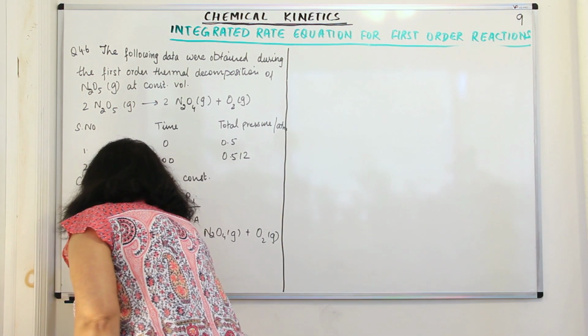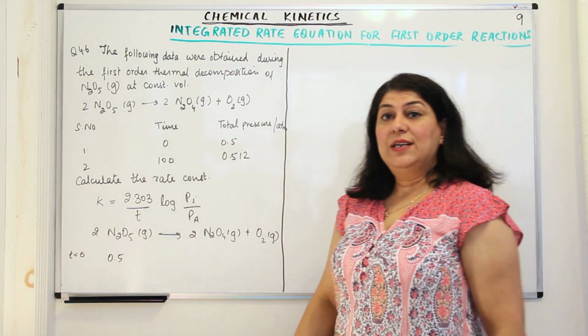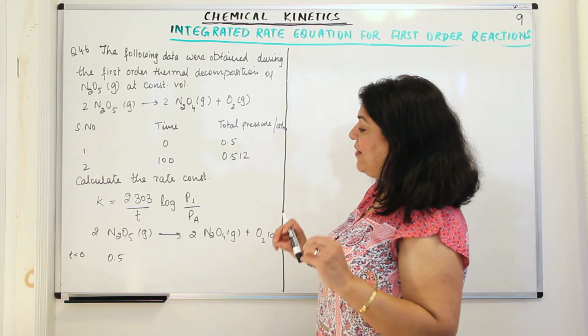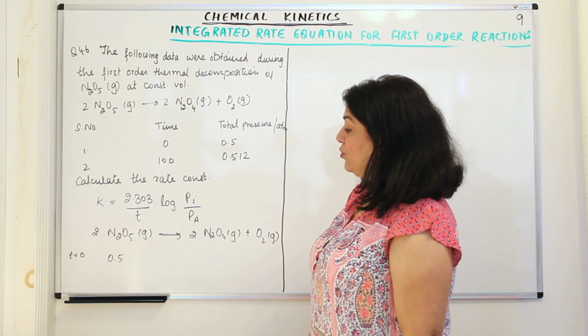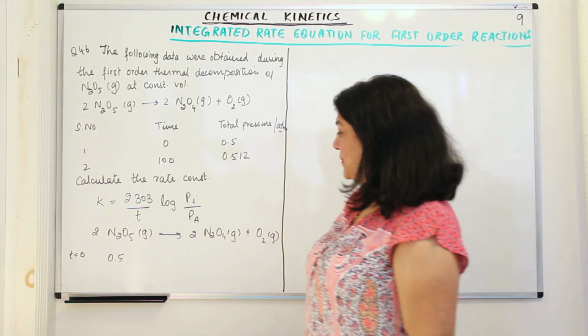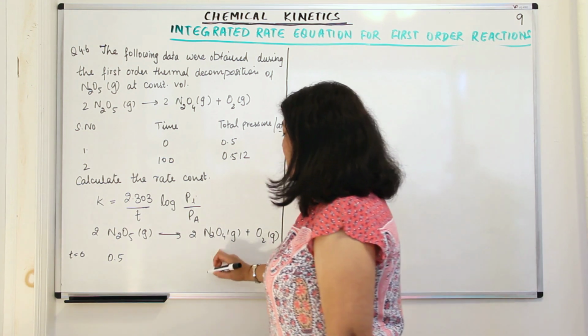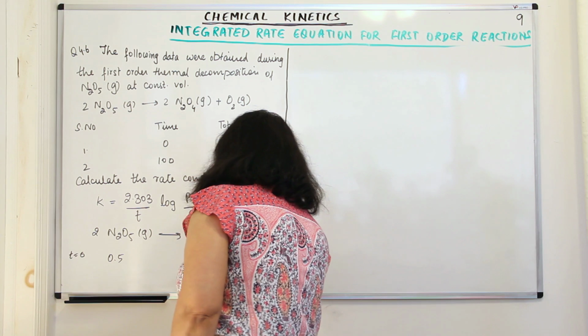But initially you only have N2O5, right? Initially you only have N2O5 and 0.5 is the partial pressure of N2O5 initially. 0.5 atmospheres, it is in atmospheres. And initially the partial pressures of both N2O4 and oxygen would be 0.